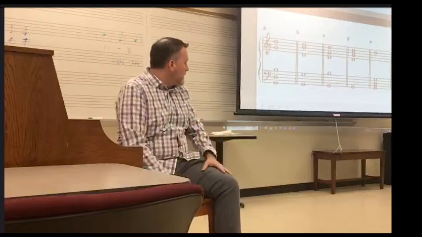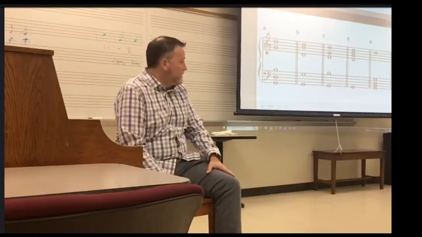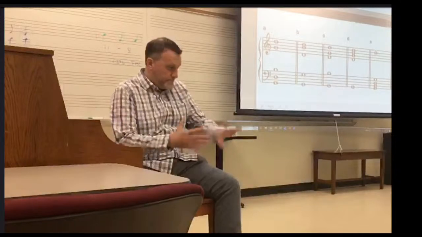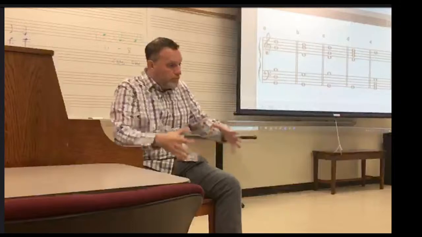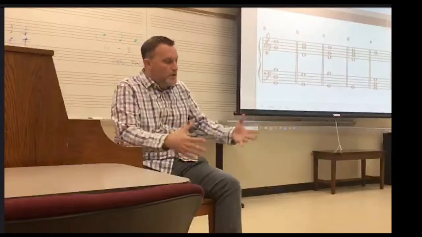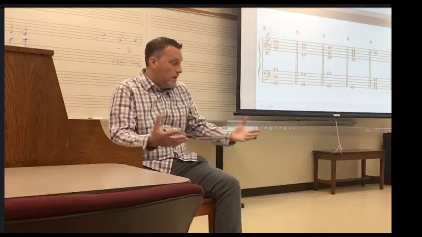So if, say, you're scoring for orchestra and you have everything in the tubas and the bass and the cello, you're going to get this. It's almost like a drone. Yeah, there has to be a special purpose for that.